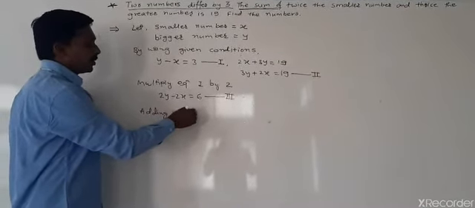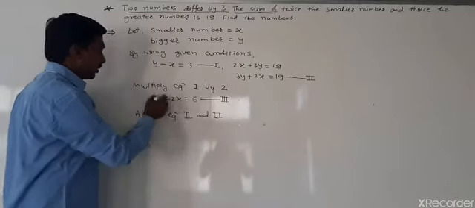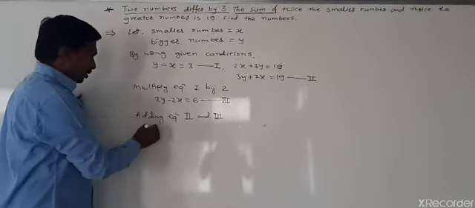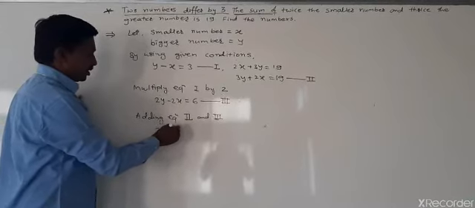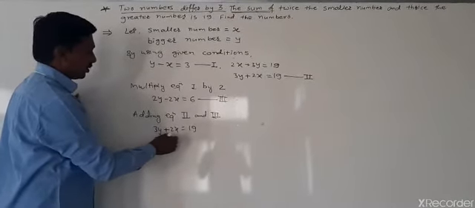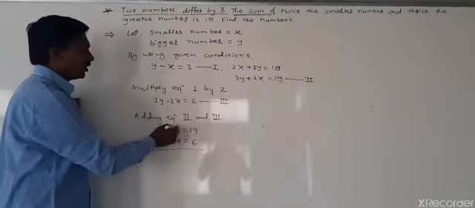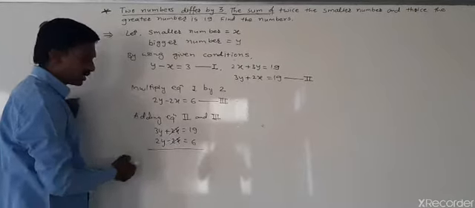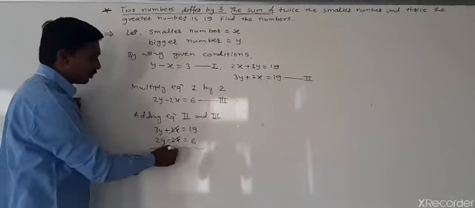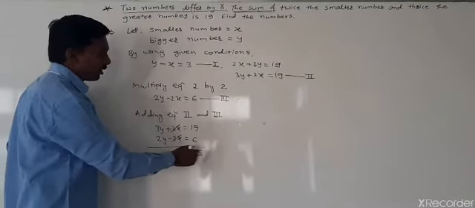Adding equation 2 and 3: equation 2 is 3y plus 2x is equal to 19, and equation 3 is 2y minus 2x is equal to 6. Plus 2x minus 2x gets cancelled. 3y plus 2y is 5y, and it is equal to 19 plus 6, that is 25.